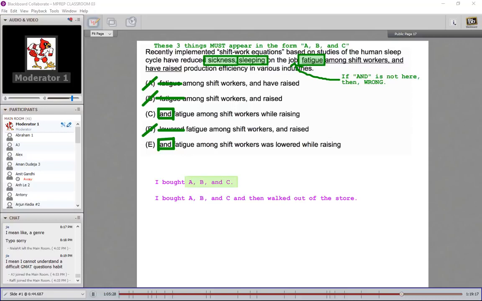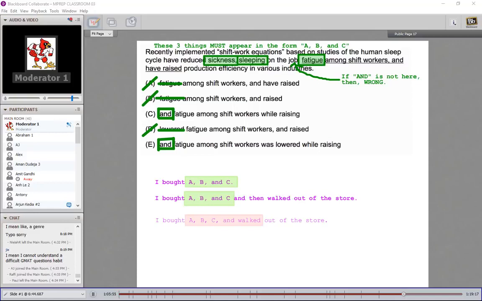The rule for making this is not different. Some people try to make these kind of interesting but totally wrong constructions. Like they try to write something like this. This is not a thing. You can't do it, because A, B, C, and walked, those are not parallel things.